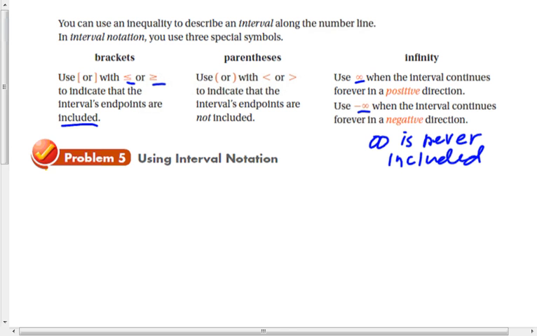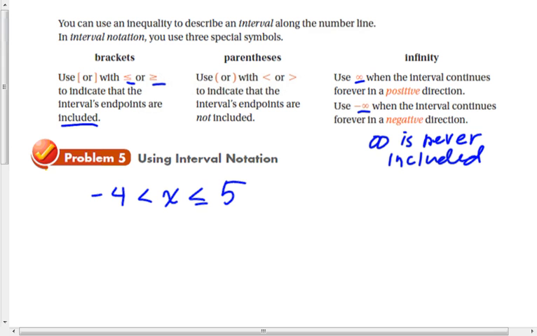All right, and here's how it works. I'm just going to give you a couple examples. So let's say we want to do this set where negative 4 is less than x, and x is less than or equal to 5. And I want to use this notation.